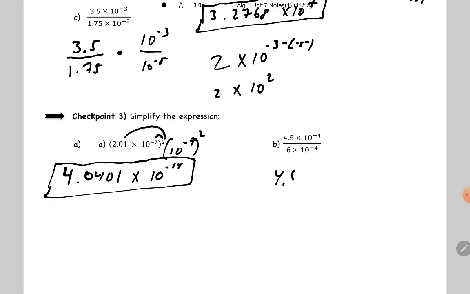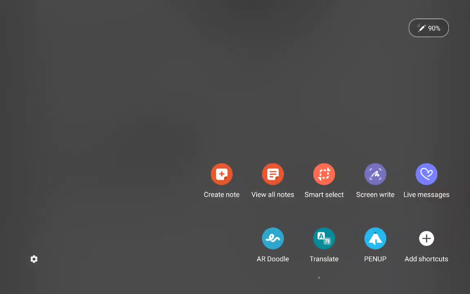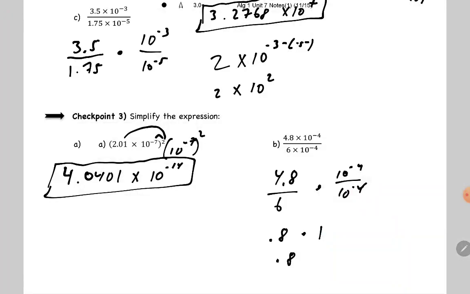4.8 divided by 6, and then 10 to the negative 4 divided by 10 to the negative 4. So 4.8 divided by 6 is 0.8. And then 10 to the negative 4 divided by 10 to the negative 4 is 1. So 0.8 times 1 is 0.8, but this is not in scientific notation.